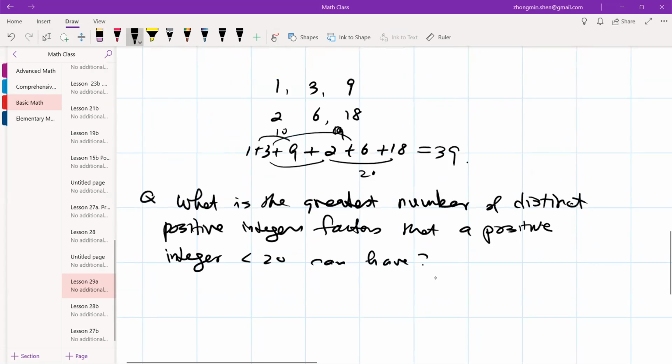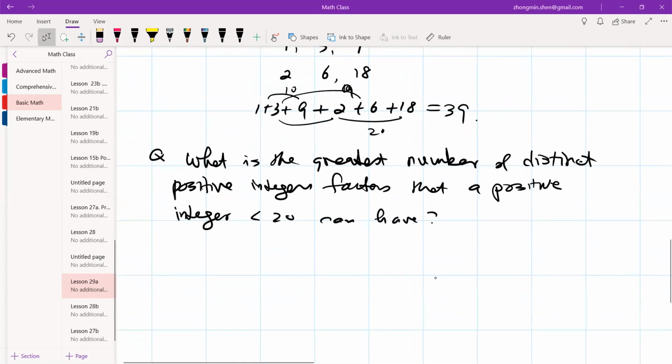So we're talking about an integer less than 20 that has as many distinct positive integer factors as possible. Okay, so at least, of course, you know 6. So you should find some integer which is going to have as many factors as possible, right?